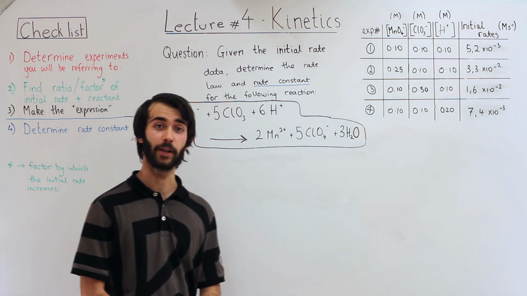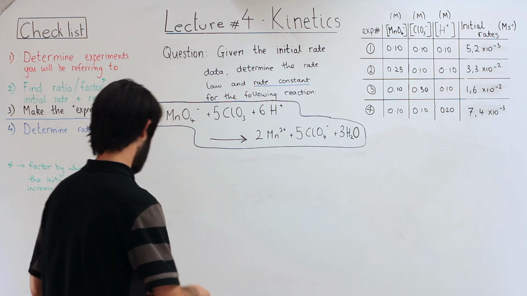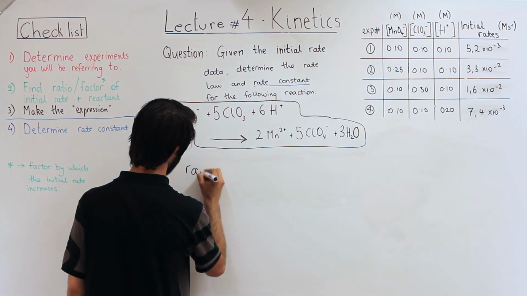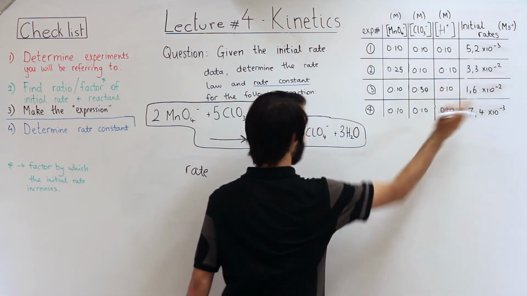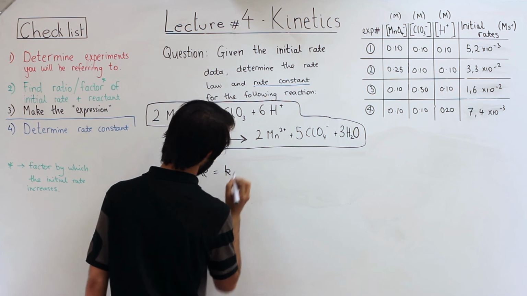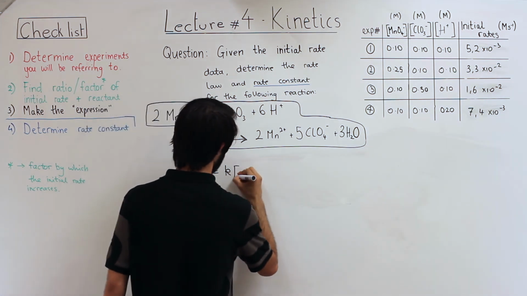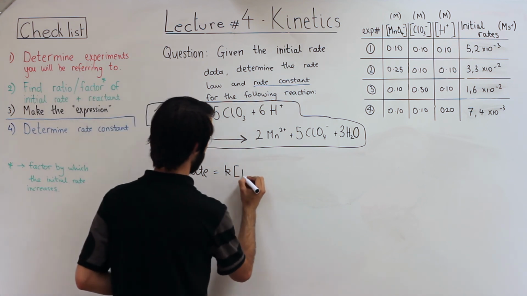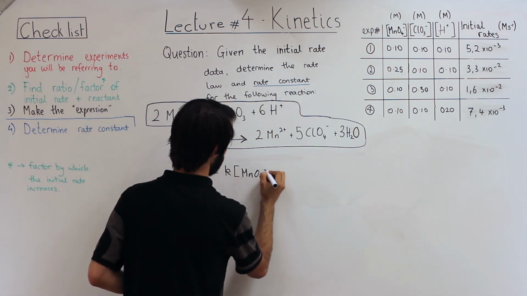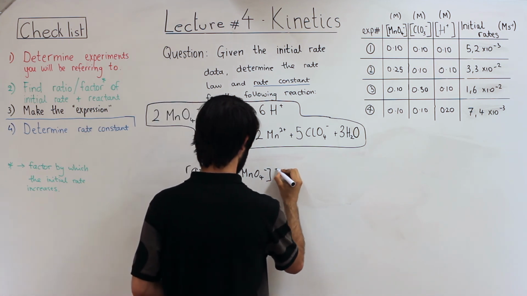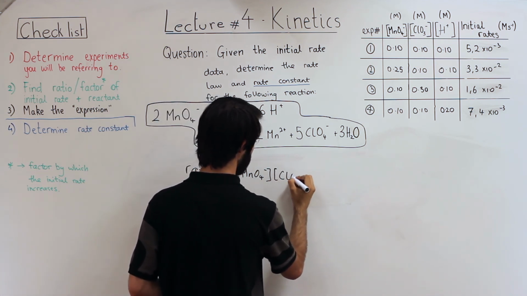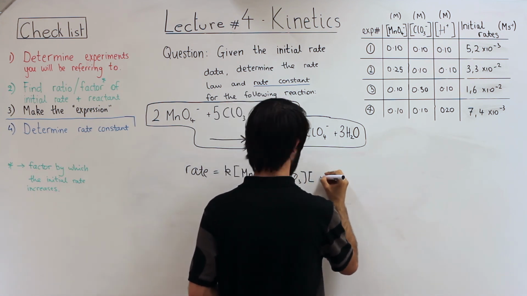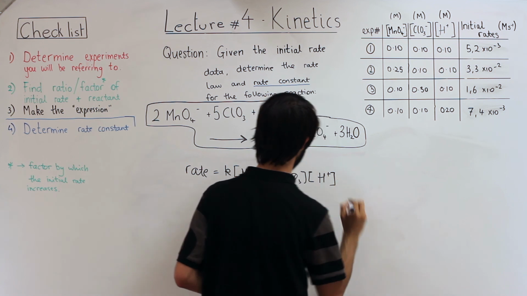Last step, and finally, we can determine the rate constant. So as you already know, when you write out a rate equation, the rate is equal to a constant K times the concentrations of our reactants. So for this question, we have permanganate here, we have the chlorides here, and we have H+ here.